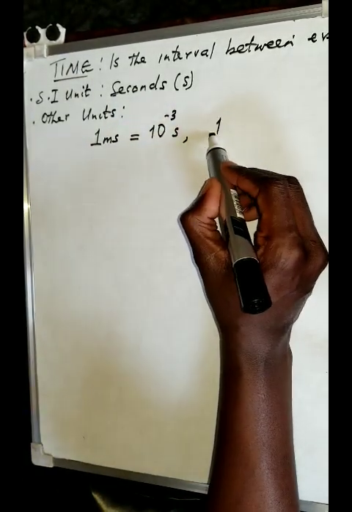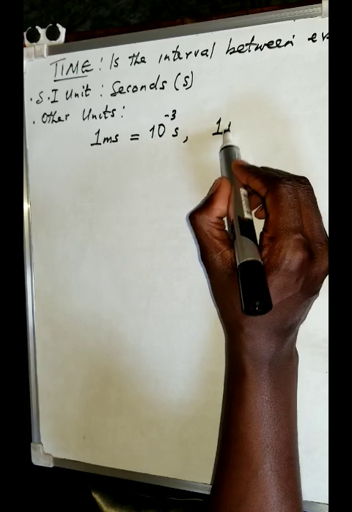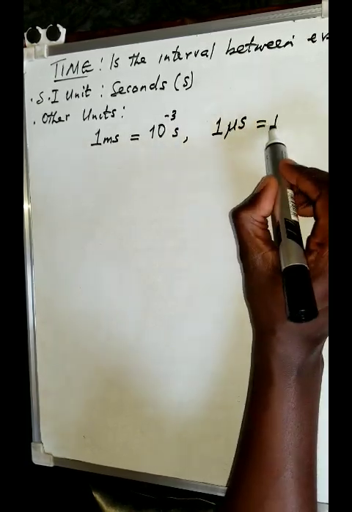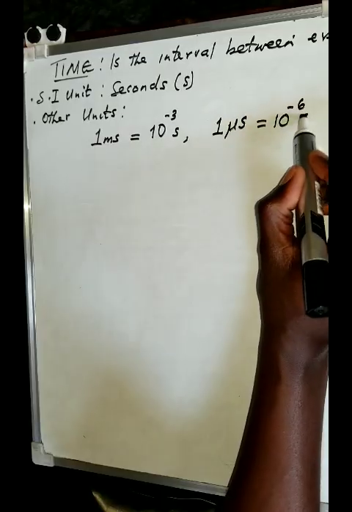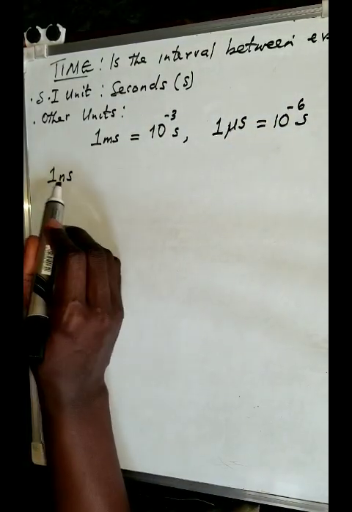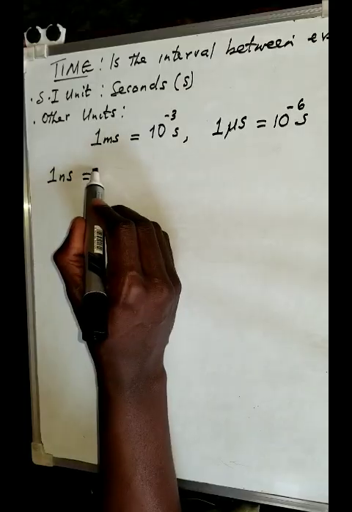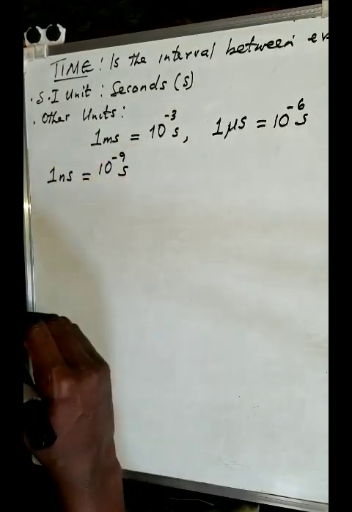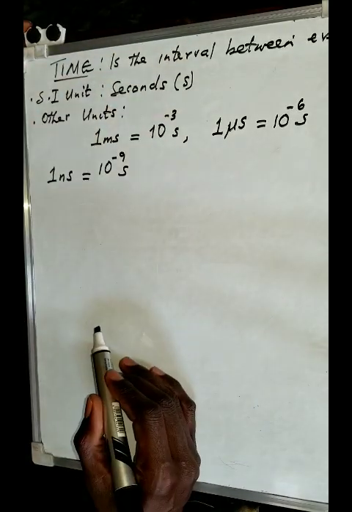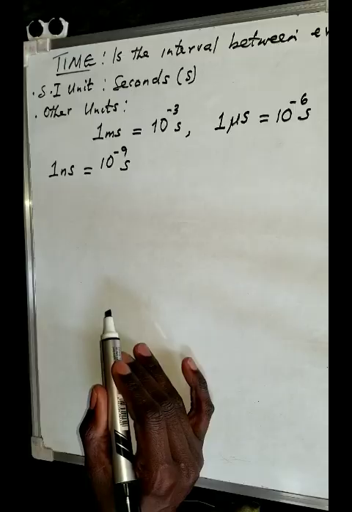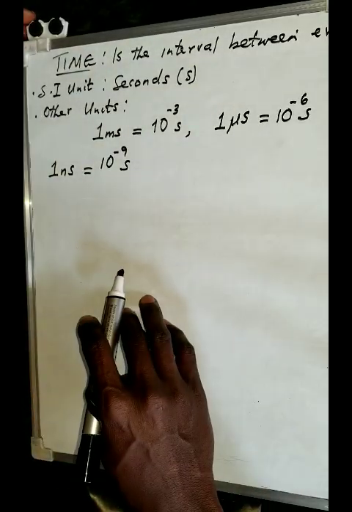You can also have microseconds. So 1 microsecond, remember micro means 10 to the power negative 6 second. You can also have nanoseconds. So 1 nanosecond is equal to 10 raised to the power negative 9 seconds. So you can use also these smaller units in order for you to express your time, as you are going to see in various discussions.